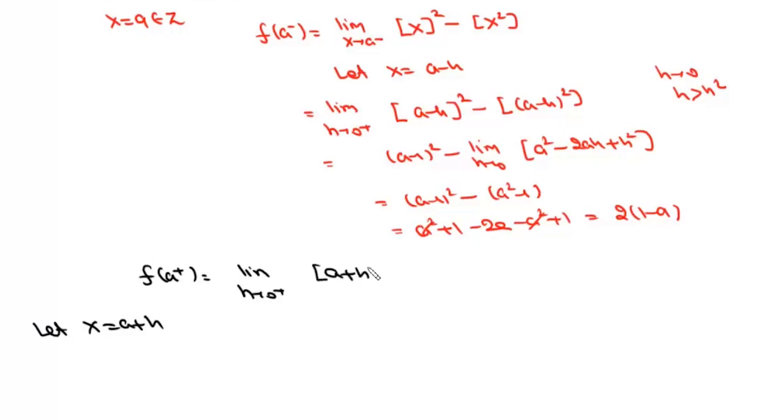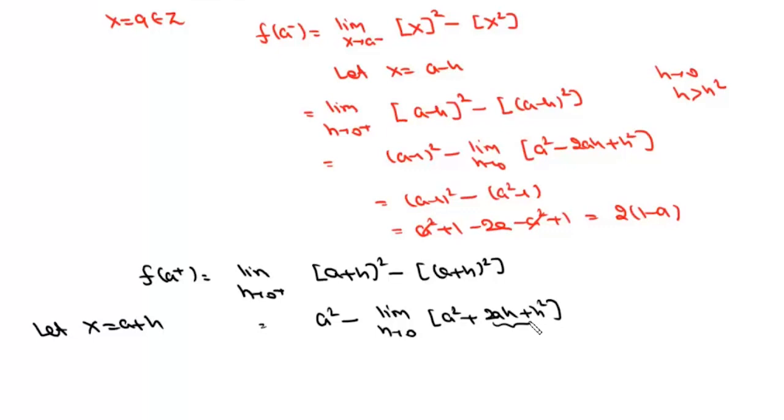Now this is the greatest integer function of (a plus h) square minus the greatest integer function of (a plus h), whole square. Now the greatest integer function of (a plus h) square is simply a square, and then minus the limit as h tends to 0 of the greatest integer function of a square plus 2ah plus h square. Now both h and h square are very small. So this is a square plus something, so its greatest integer function will be simply a square. So we can write this as a square minus a square, which is 0.